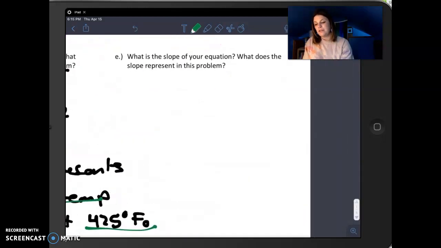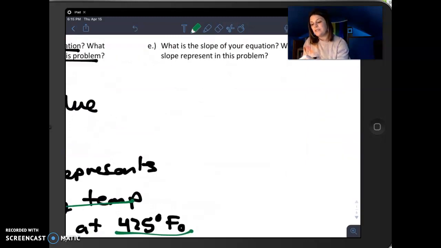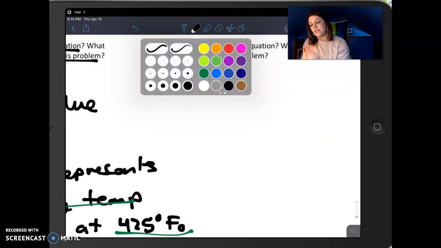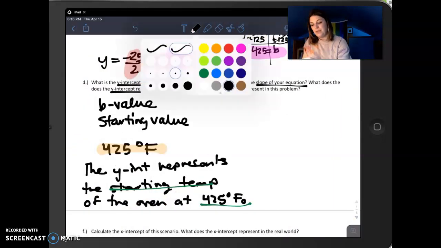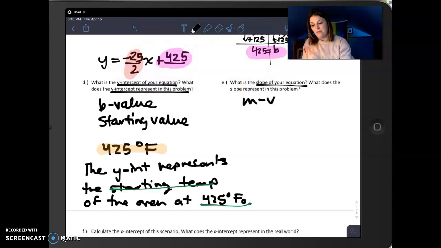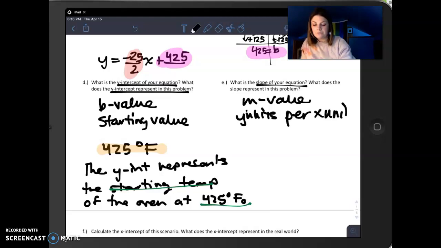All right, the second part of the question says, what is the slope of your equation? Well, we know the slope is m, so it is the m value. Looking at it a little more deeply, the definition of slope is y units per x units.